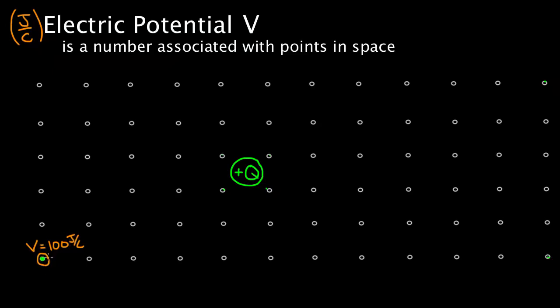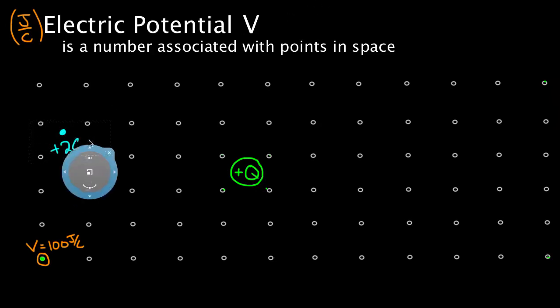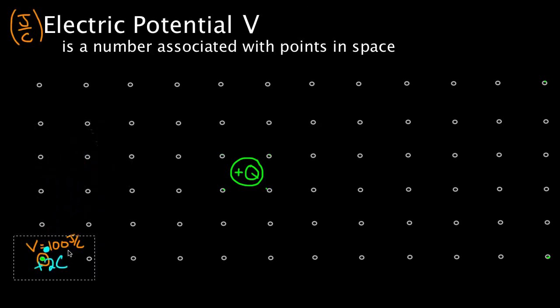But if we took a positive 2 coulomb charge and put it at that empty point in space, before we put it there, the V value was 100. Why do we care about this 100 value? Because it's 100 joules per coulomb. That's what V, the electric potential, is telling us. So if it's 100 joules per coulomb and I stick 2 coulombs there, how many joules of energy do you think it's going to have? It'll have 200. And that's the key.